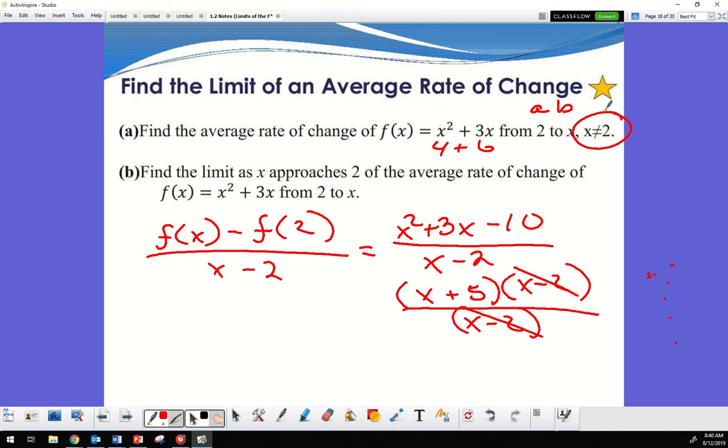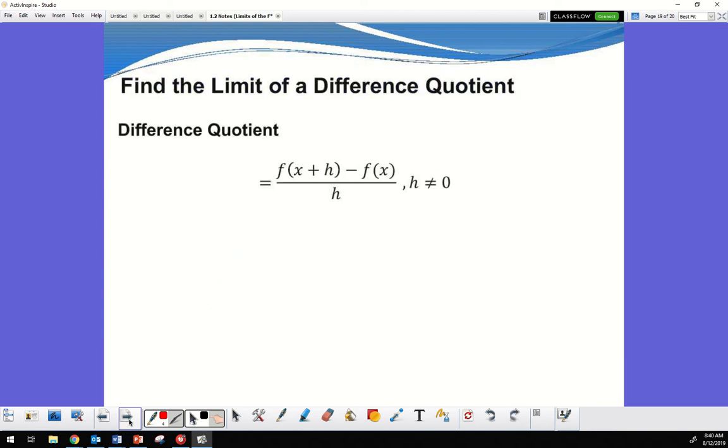So the limit, written like this, as x approaches 2 of my function, which is x plus 5, because I was able to remove this piece right here. So I'm going to be left with 7. Make sense? Super easy, right?